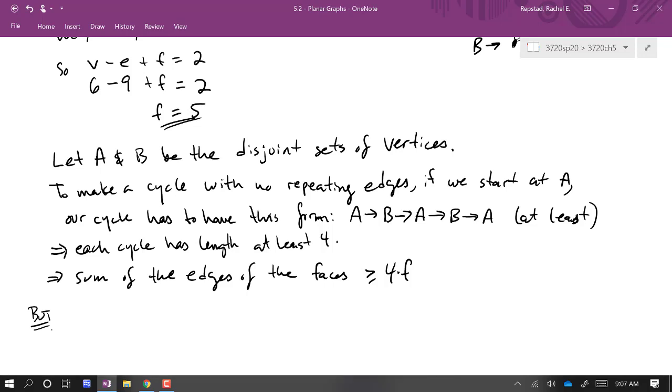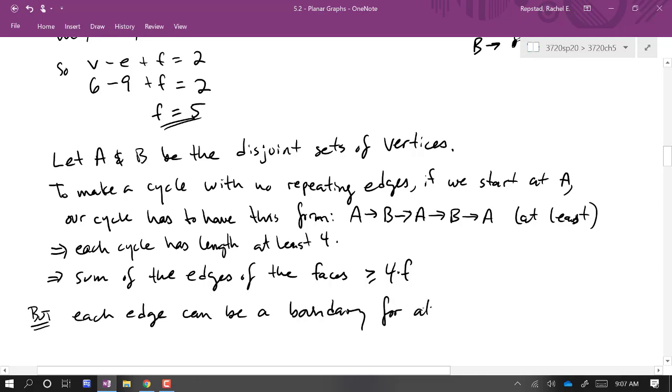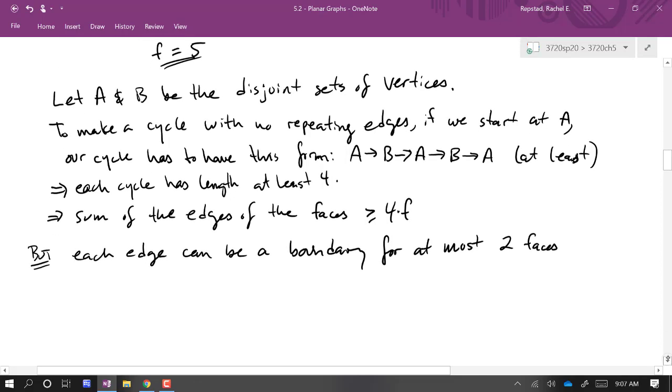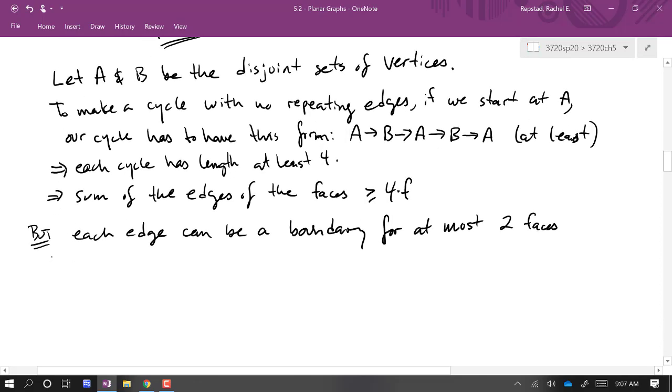An edge can be a boundary for at most 2 faces. So that means when we said let's sum the edges of the faces, each edge was counted at most 2 times.